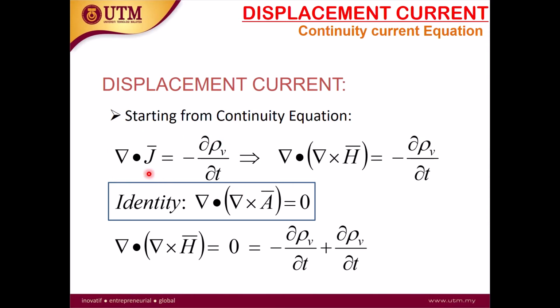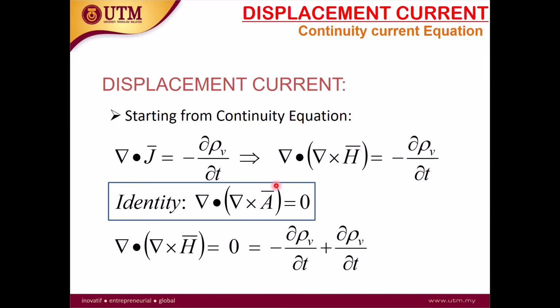And we can expand that the J, the current density, is basically equal to the curl of H. Then we have the vector identity, which is that the divergence of the curl of any vector must be equal to 0. Alright, so we must fulfill this characteristic.